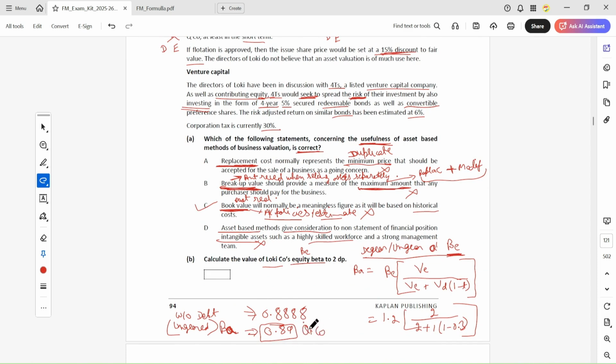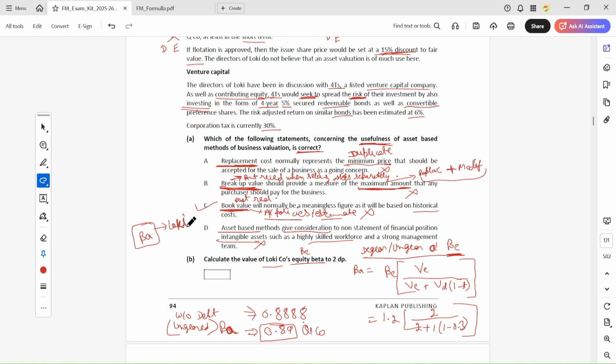This asset beta is the Loki company asset beta.